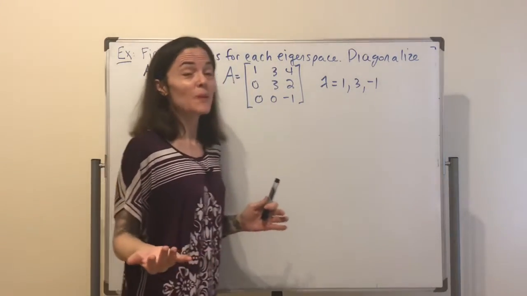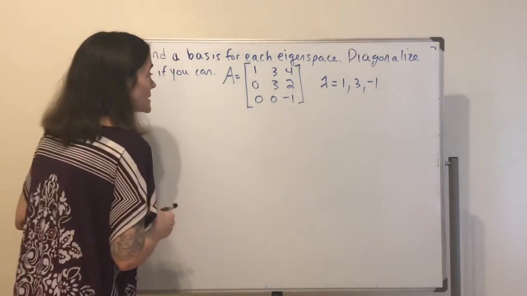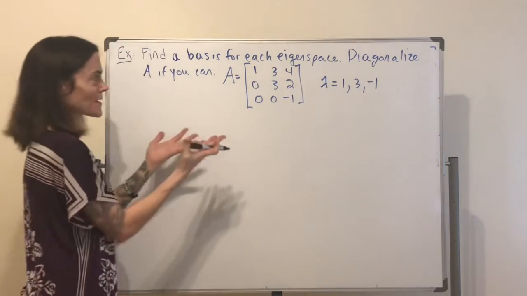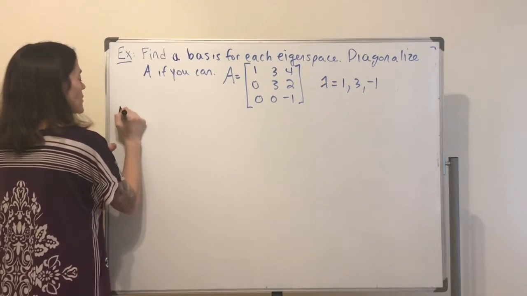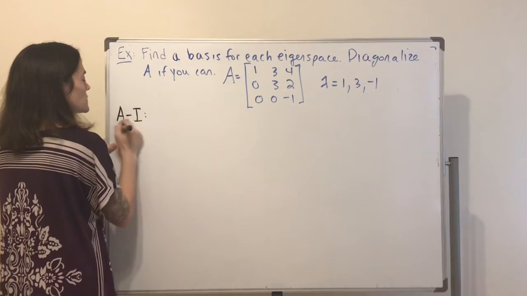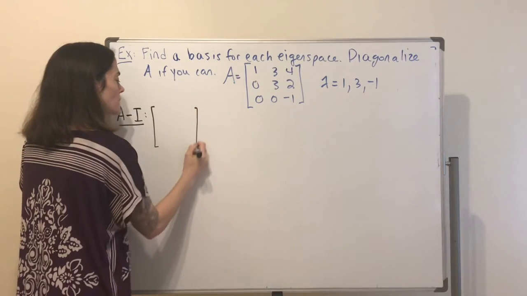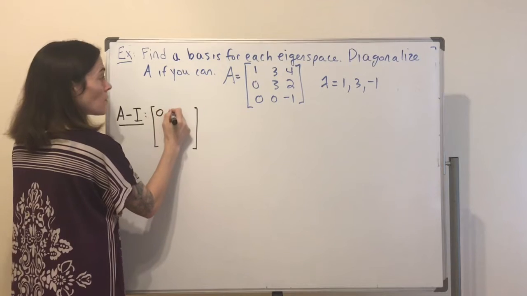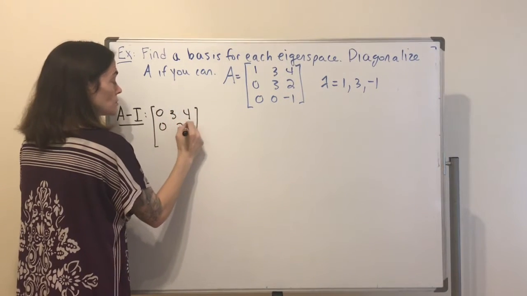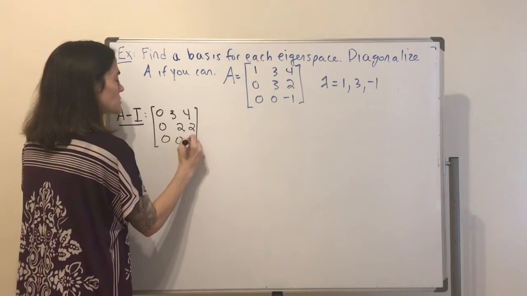So we would be able to spot this even if we hadn't done this example. We have three distinct eigenvalues for this 3 by 3 matrix. What we need for each one is A minus lambda I. For lambda equals 1, we get the following: 0, 3, 4, 0, 2, 2, and 0, 0, minus 2.